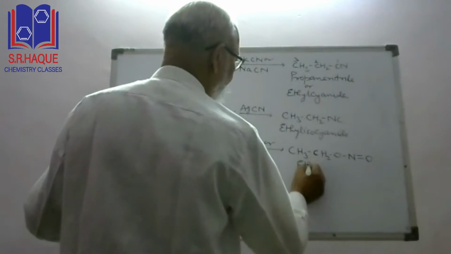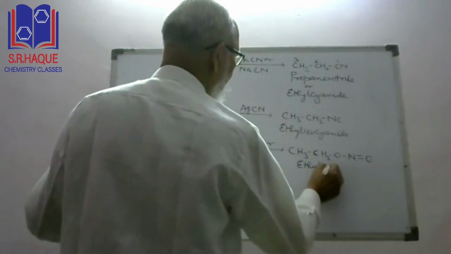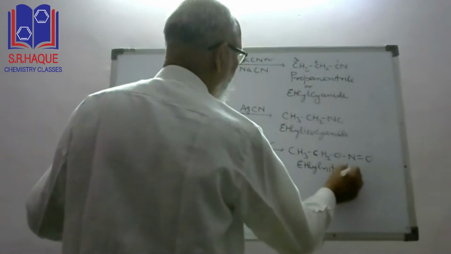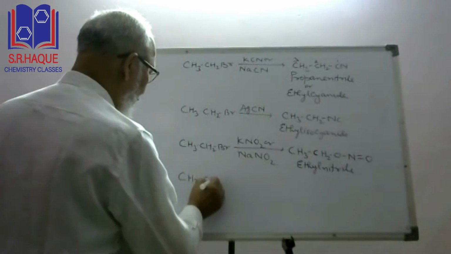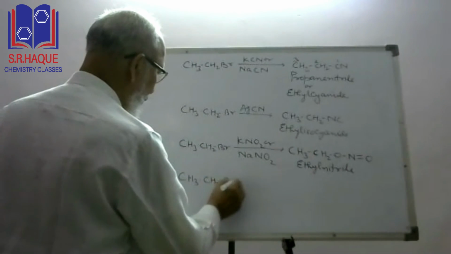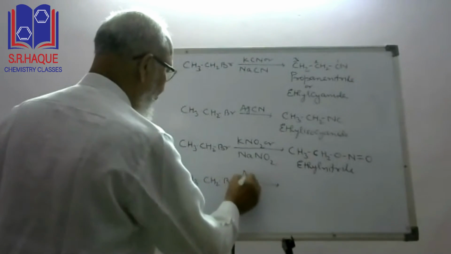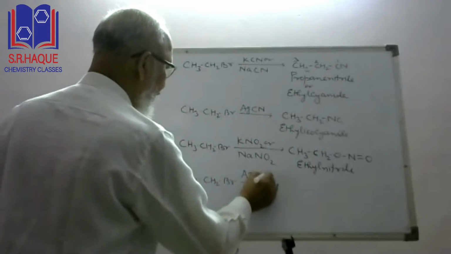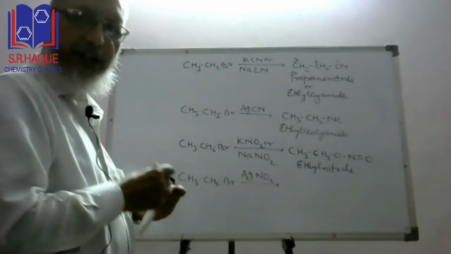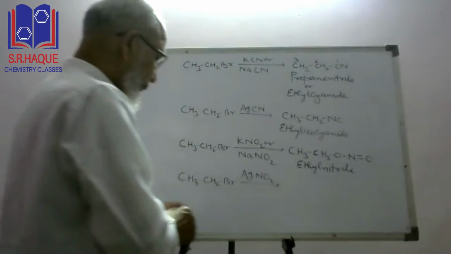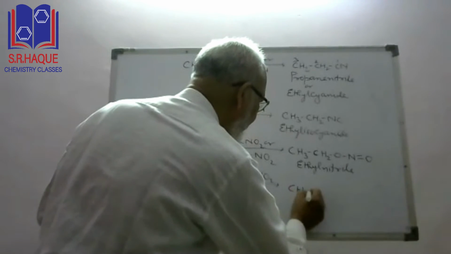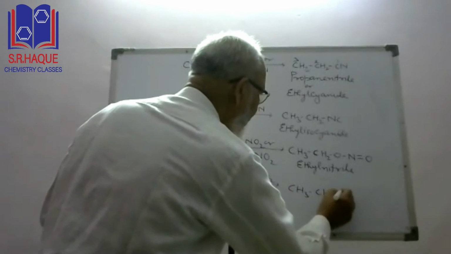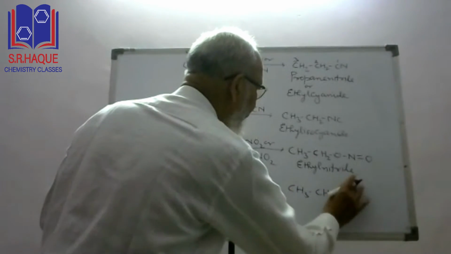This is our ethyl nitrite. And if this alkyl halide molecule reacts with AgNO2, then there is formation of nitroalkane. As for example, here there will be formation of nitroethane.